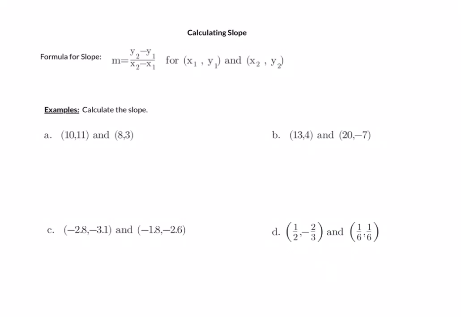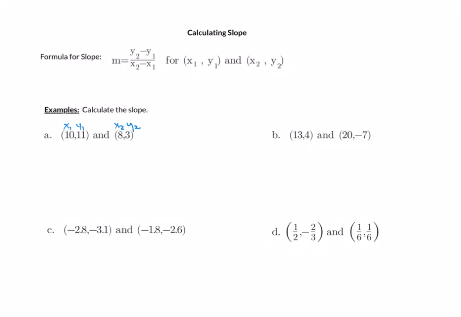So let's go ahead and try some examples of this. I'm going to let (10, 11) be my first point, so that's going to be my x1, y1. And I'm going to let (8, 3) be my second point, x2, y2. And you can label these however you want, as long as you remember that the first number is always your x coordinate, and the second coordinate is always your y coordinate.